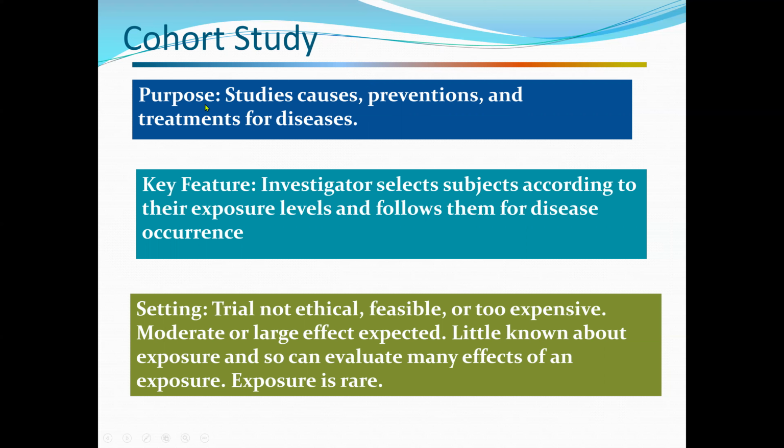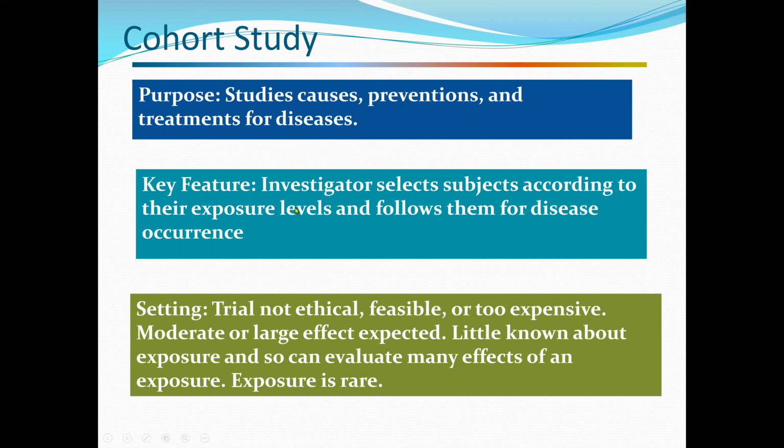Now, the purpose of cohort studies: here we study causes, also preventions, and also treatments for diseases. The key feature is that investigators select subjects according to their exposure levels, and then follow them for disease occurrence.